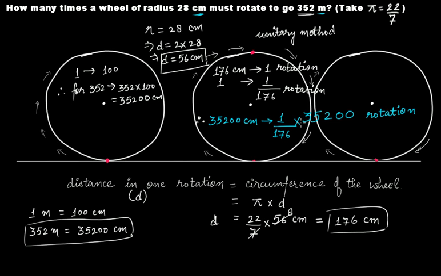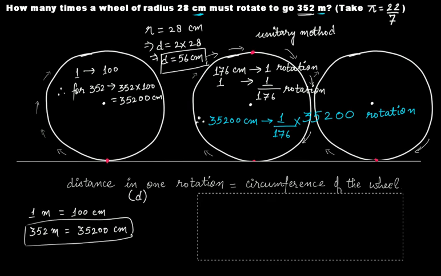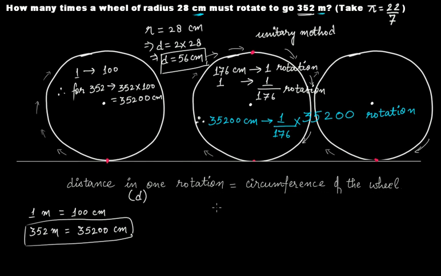So this becomes 35200 divided by 176 rotations. Now let's divide this.